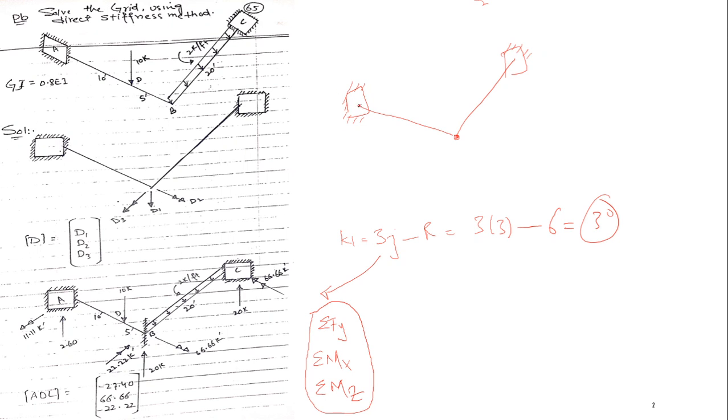However, a fixed support has been provided, so it can restrain all those degrees of freedom. Same is the case here. However, this is a joint, so it cannot restrain a moment in x, a moment in z, and a reaction in y. It can be upwards or downwards, and this would be my ki.